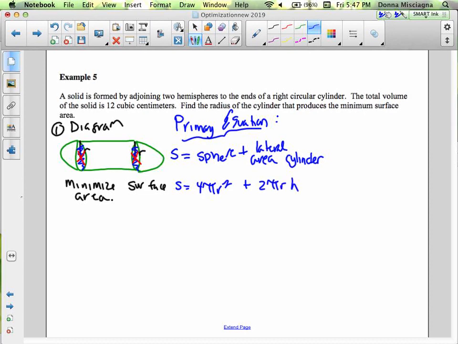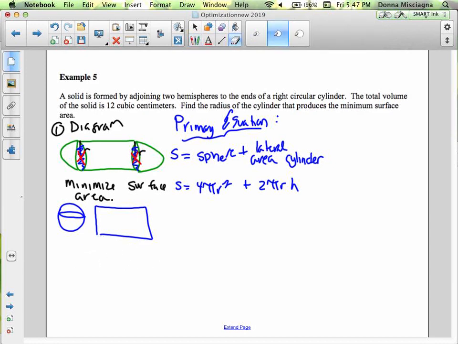What you've got here is the surface area of a sphere, those two hemispheres put together, and if you unroll the cylinder, you've got a rectangle. One dimension is the height. The other one goes around that circle base, and that would be 2 pi r. All right, so those are your two surface areas.